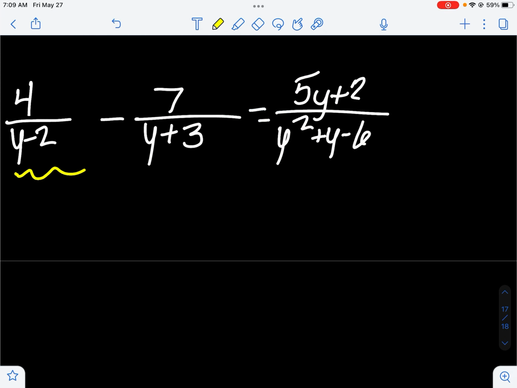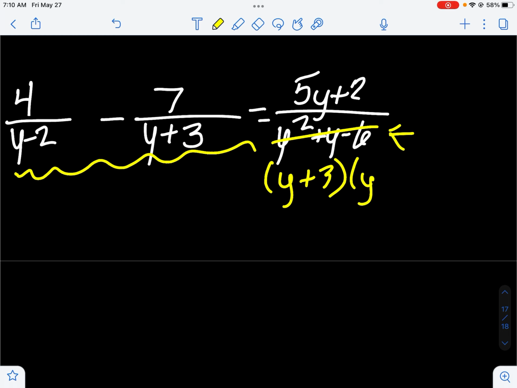We see that our first goal would be to try to combine these, but we notice that our denominator can be factored. So we're going to factor that just to see what's going on. And we notice that our factored denominator on this side is both of these put together.